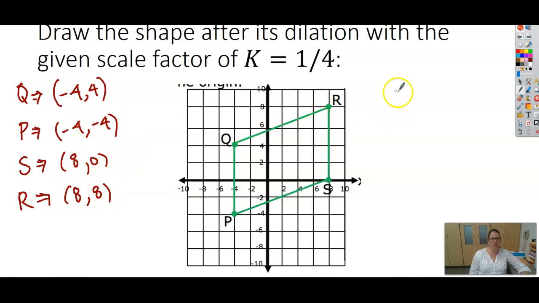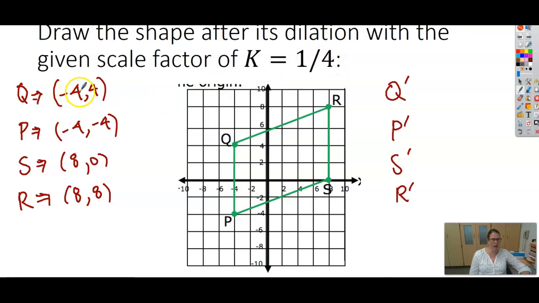Now I want to change these. I want to find Q prime, P prime, S prime, and R prime. First of all, let's think about our scale factor. My scale factor is 1/4, which is between 0 and 1, which means this should reduce the shape, right? Multiplying by 1/4 is the same as dividing by 4 because 4 is on the bottom. It's like timesing by 1 and dividing by 4.